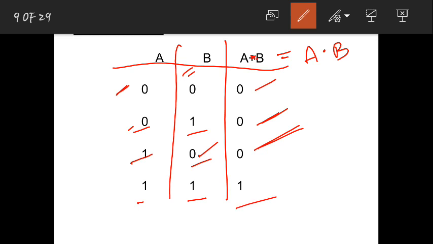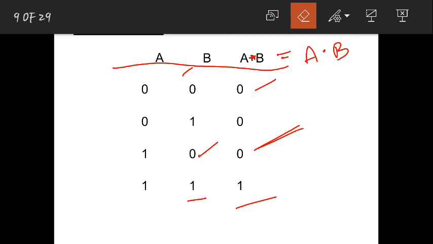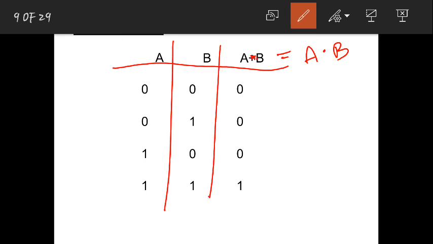Even here you can write this definition in 2 ways. Let me tell you the definition. The definition he has given in the previous slide is: if both the inputs are equal to 1, then output is equal to 1, else output is equal to 0.